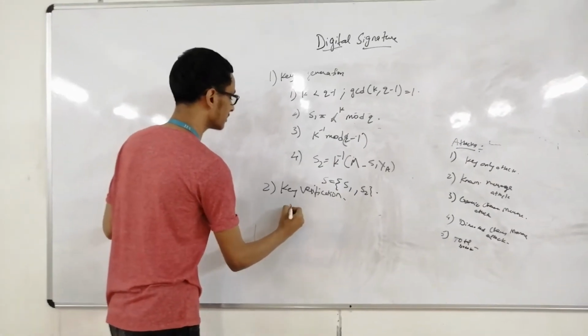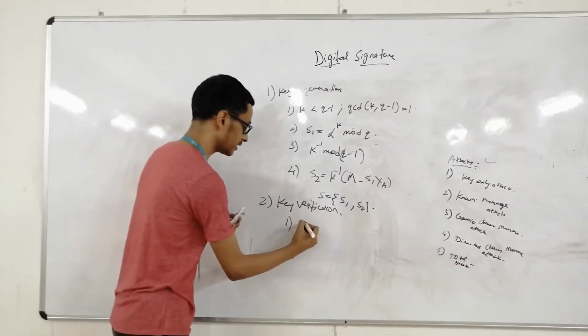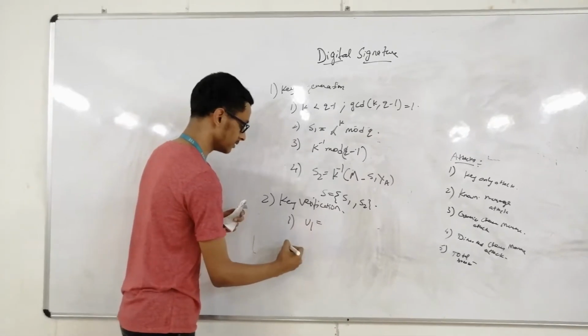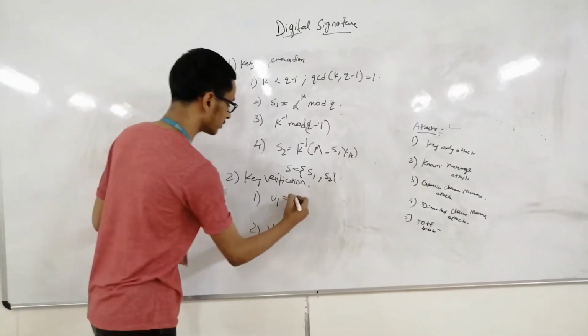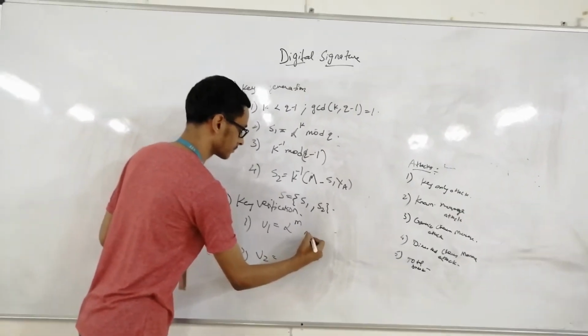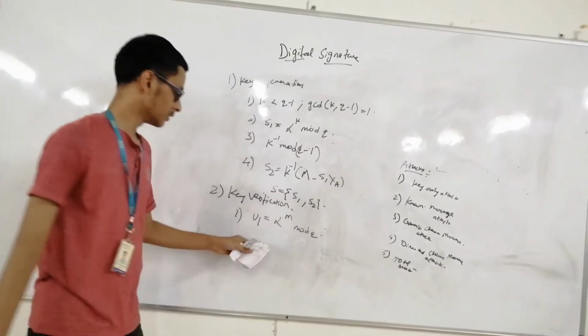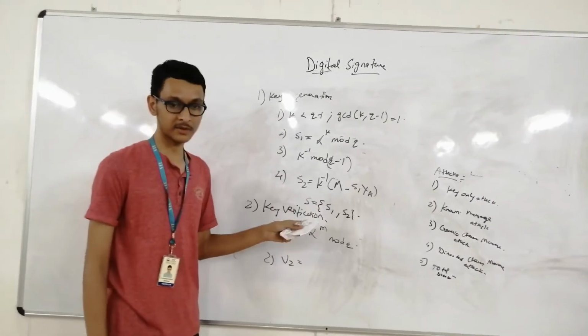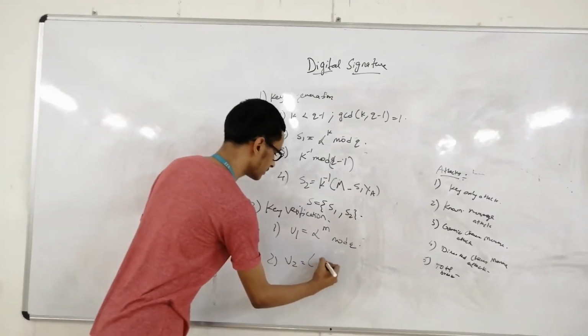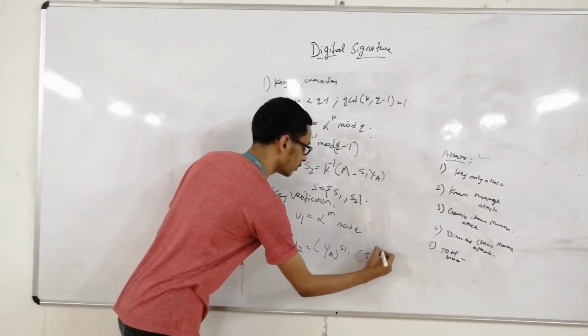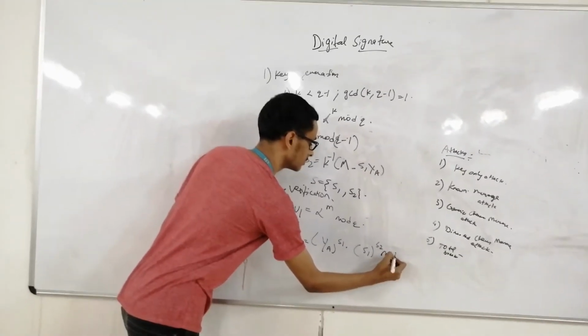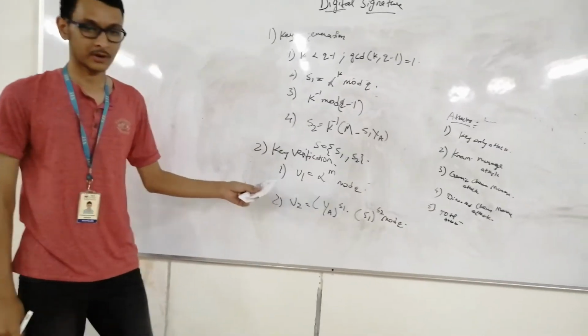This happens at the receiver side, and he needs to compute V1 and V2. So V1 is equal to alpha power m mod q. Alpha is the primitive root, m is the message, and V2 is ya power S1 into S1 whole power S2 mod q.